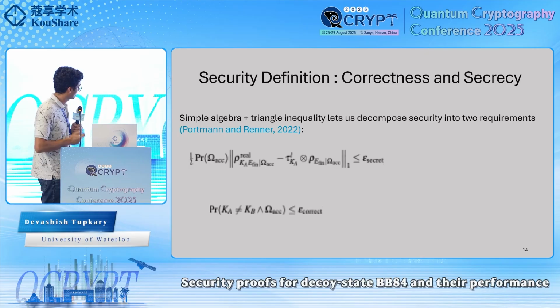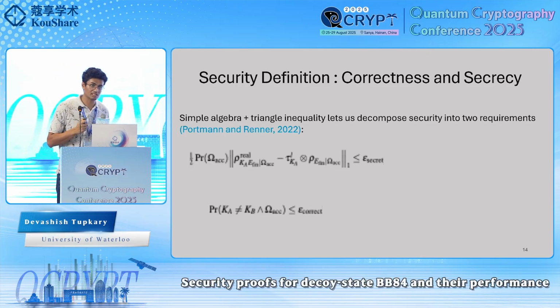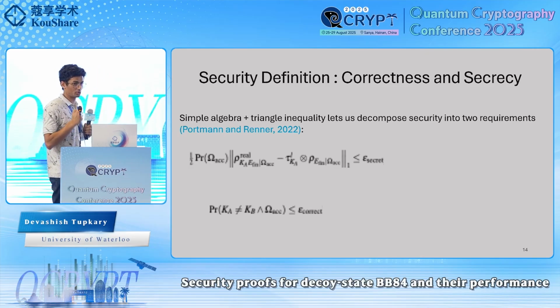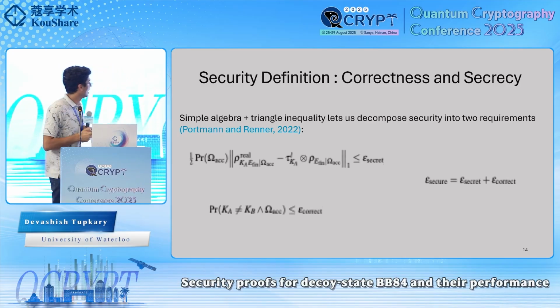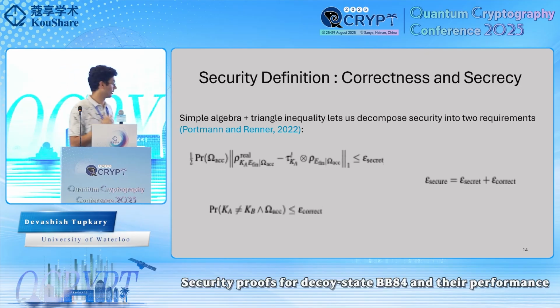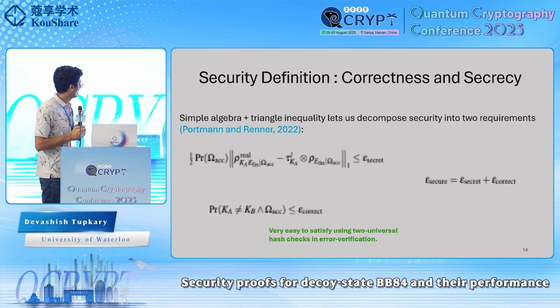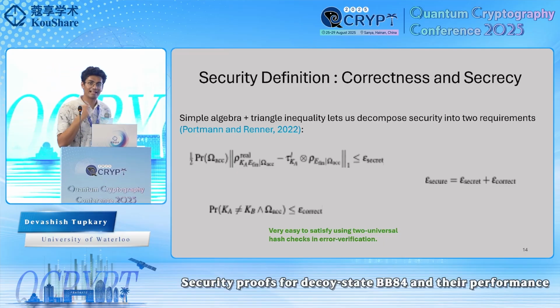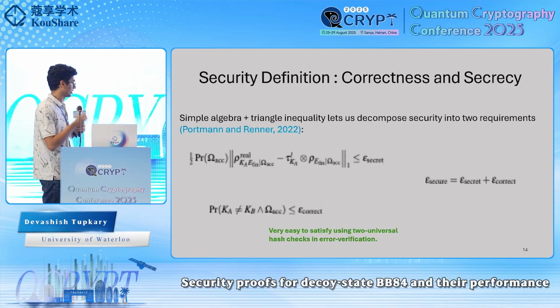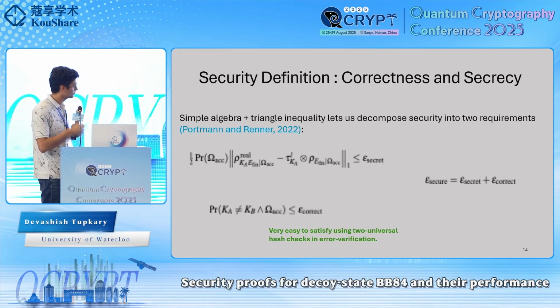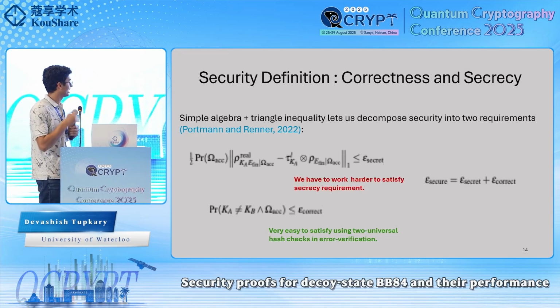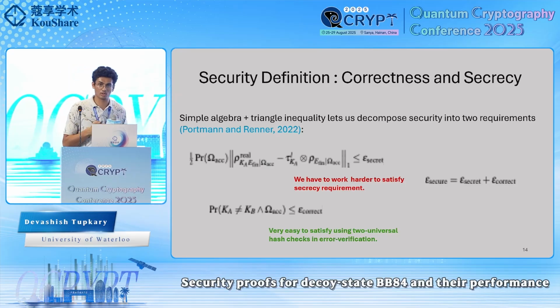And we have correctness, where we demand that the probability that the keys are not the same and the protocol ended up accepting is small. The overall security parameter is simply the sum of these two security parameters. Typically, the correctness condition is fairly easy to satisfy using two universal hash checks during error verification. We will see that in the next slide. But the secrecy requirement is typically the one where we have to work a lot harder.